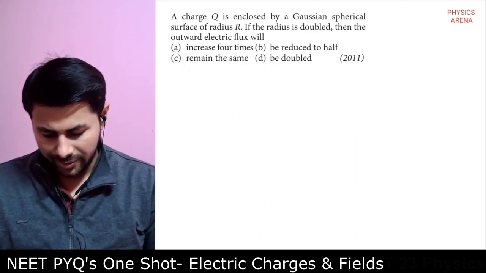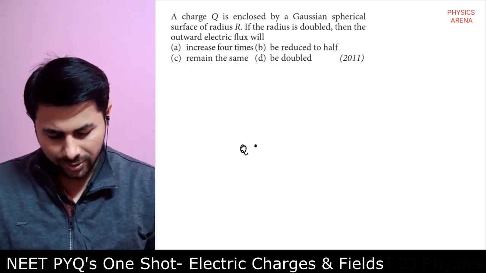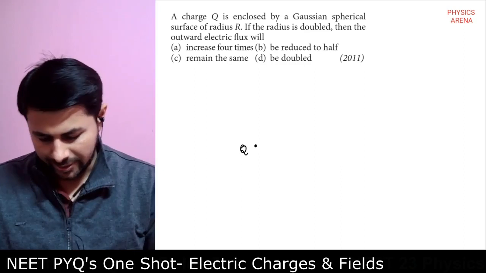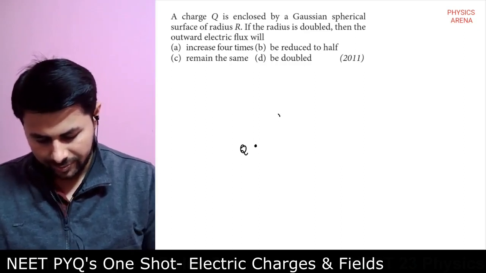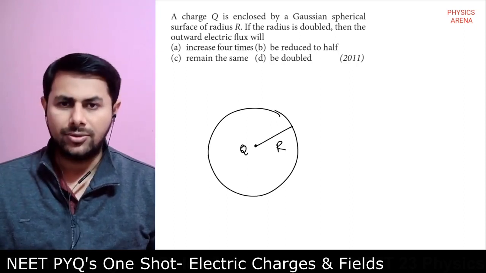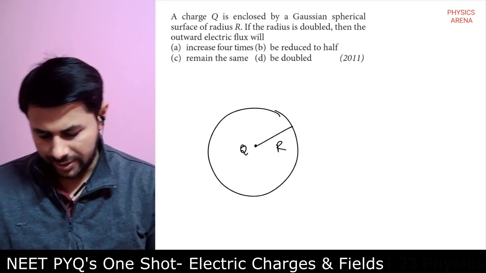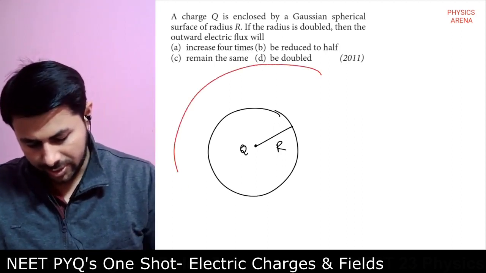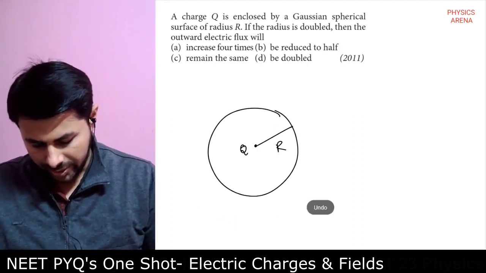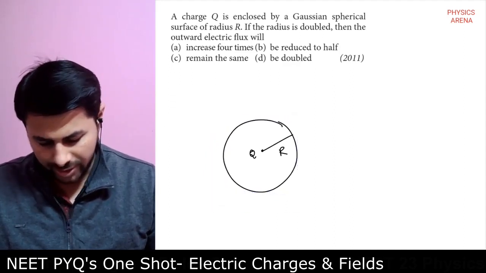Charge q is fully enclosed by a spherical surface of radius r. This is the radius r. Now if you increase the radius, suppose you take some other sphere having twice the radius.